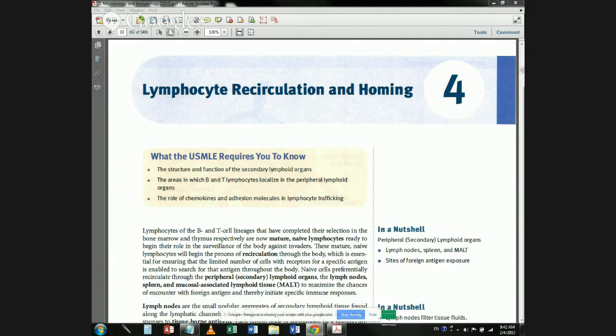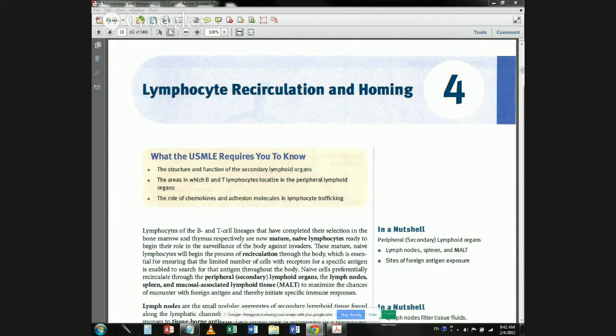Okay, so lymphocyte recirculation and homing, chapter 4 of immunology. What does the USMLE require us to know? We need to know what is the structure of the secondary lymphoid organs, what is the function of the secondary lymphoid organs, where exactly is it that the B cells localize in the peripheral lymphoid organs?